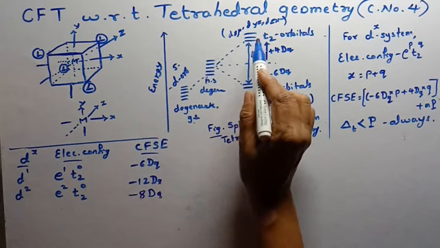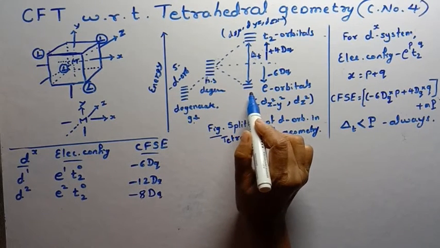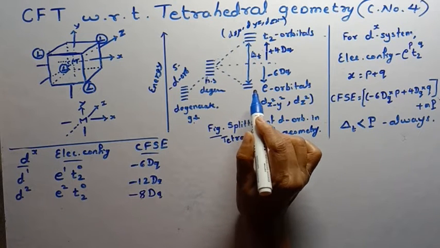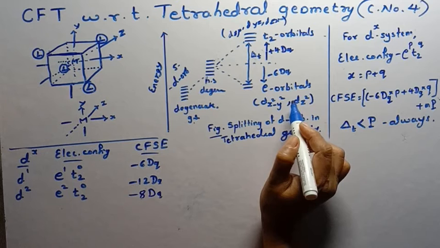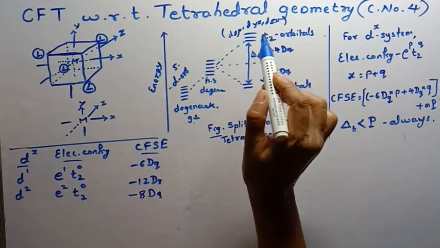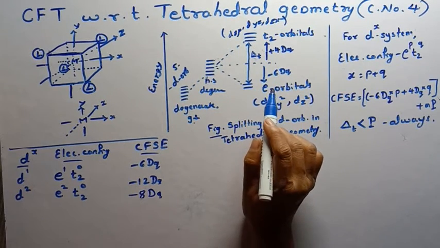Hence they experience slightly greater forces of repulsion than these 2 orbitals, which are lying quite away from the path of approach of the ligand. Thereby these 2 orbitals experience lesser repulsion, and these 3 orbitals are nearer to the direction of approach of the ligand.